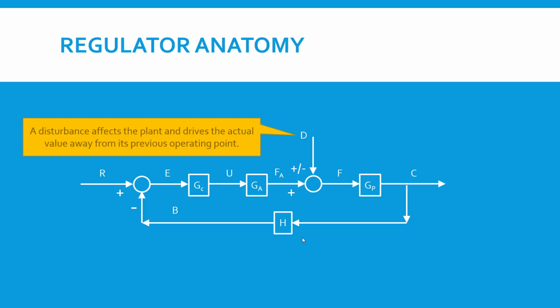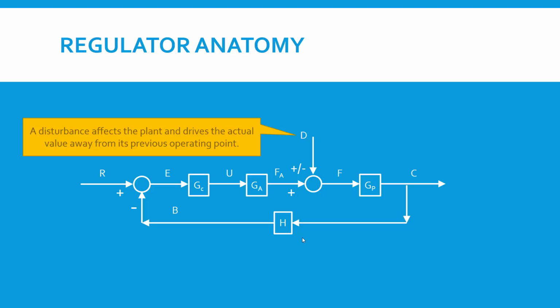The disturbance comes into the loop, and previously every signal in the loop was at zero, so we were in the do-nothing state with every component telling every other component not to do anything. But then all of a sudden a disturbance comes in and upsets its equilibrium.